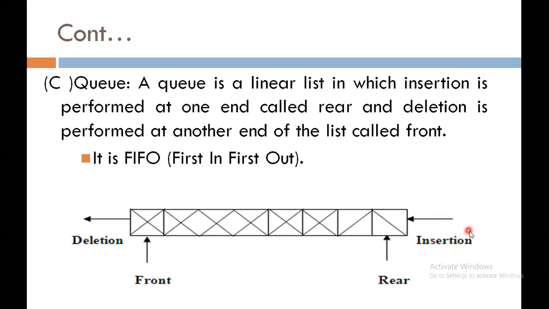Here, suppose for example, one element comes and it is inserted in the queue, then it is stored from this end, and after that the second element comes, then it is stored after the first element, and then the third element, then it is stored after the second element. Now this structure is the same as a queue in real life.